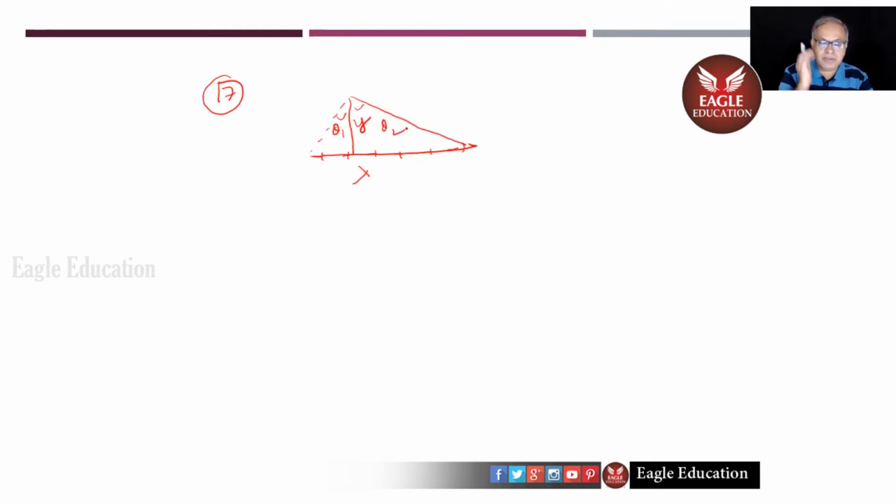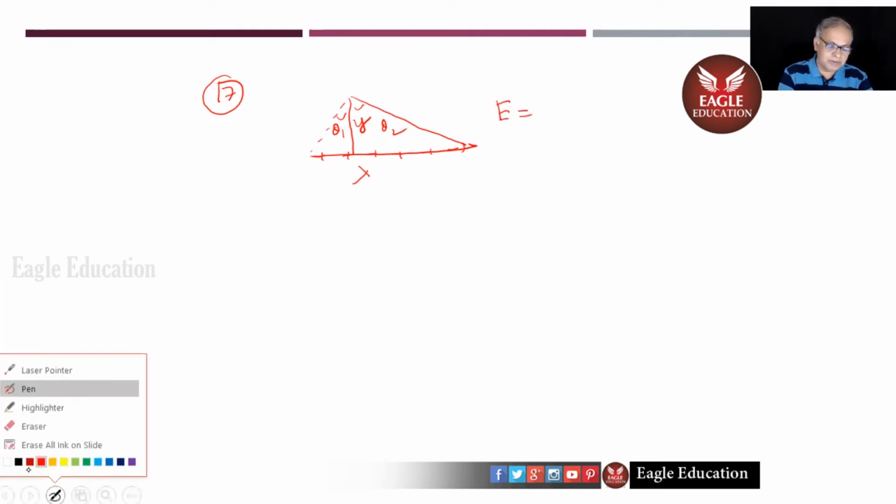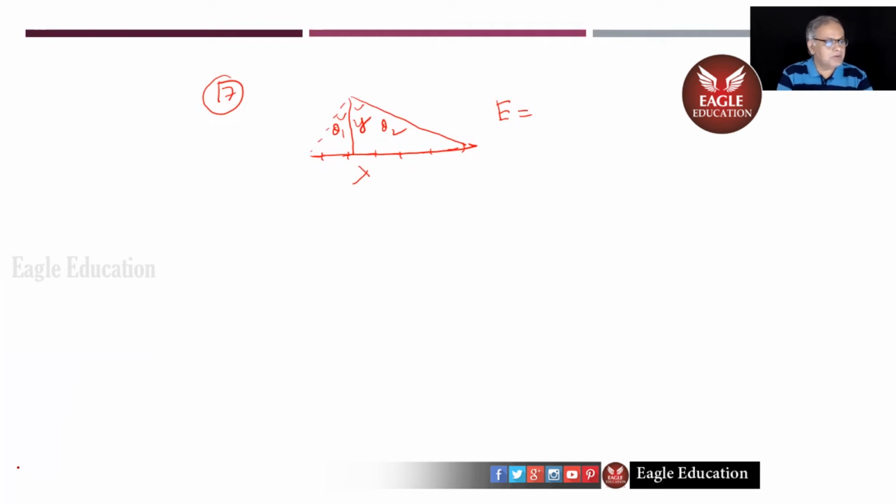Even here, you'll think that the field has both Ex and Ey components, and the total E will be how much, children? Sir, 2k lambda by y sine of (theta 1 plus theta 2) by 2. Yes, 2k lambda by y sine of (theta 1 plus theta 2) by 2, which actually is the sum of Ex and Ey.